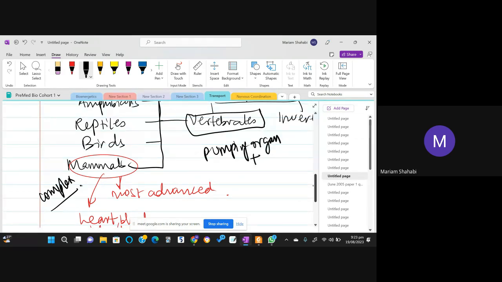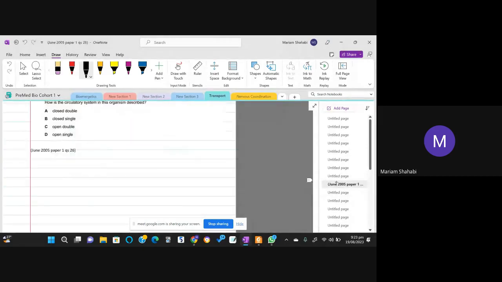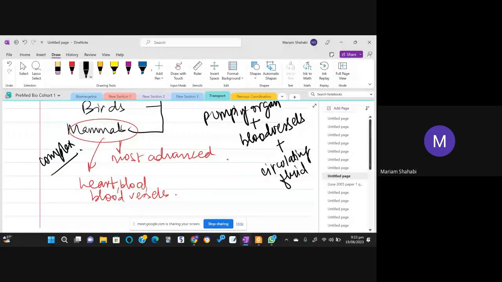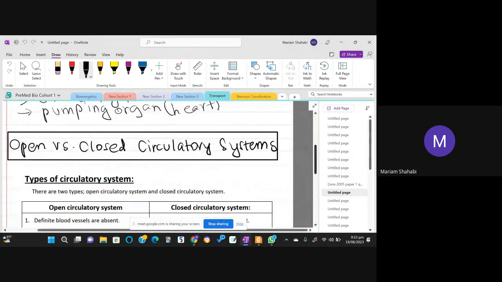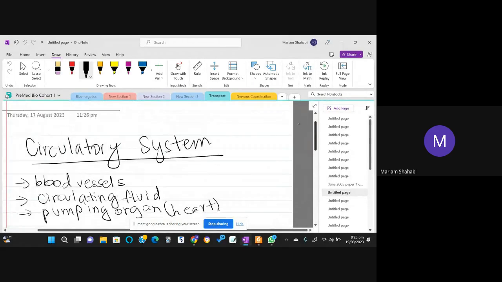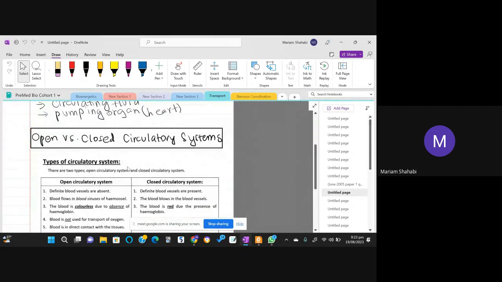Here we have blood vessels, and then we have a circulating fluid. So there are different types of circulatory systems, and we'll skip right to open versus closed.